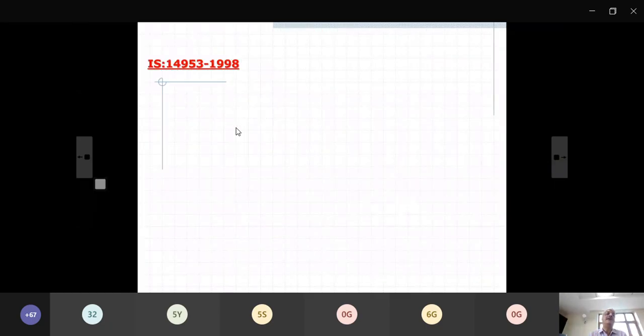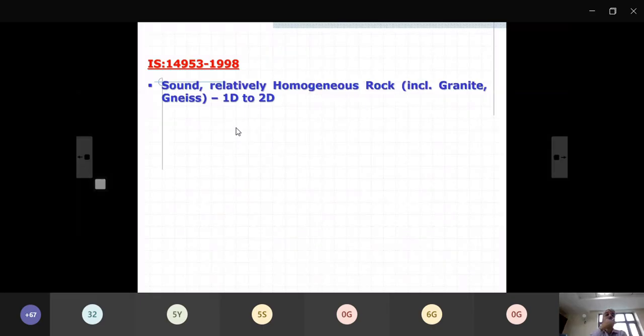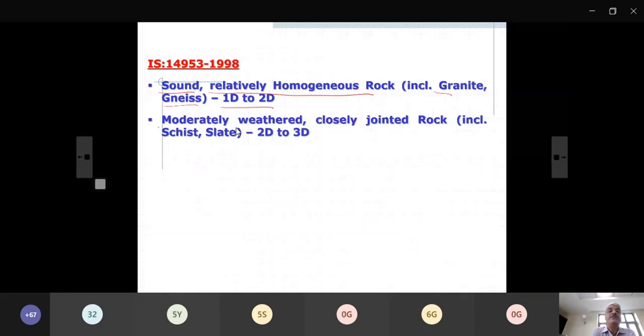And then there is IS 14953:1998. It says for sound, relatively homogeneous rocks like granite, gneiss, basalt and all, 1D to 2D. And moderately weathered, closely jointed rock, including schist or slate, 2D to 3D.